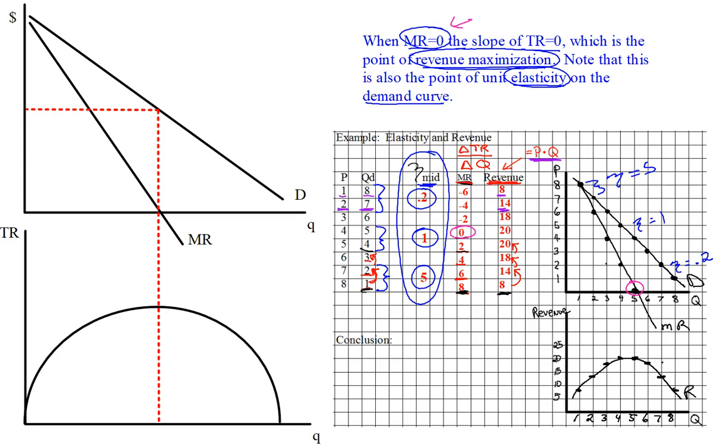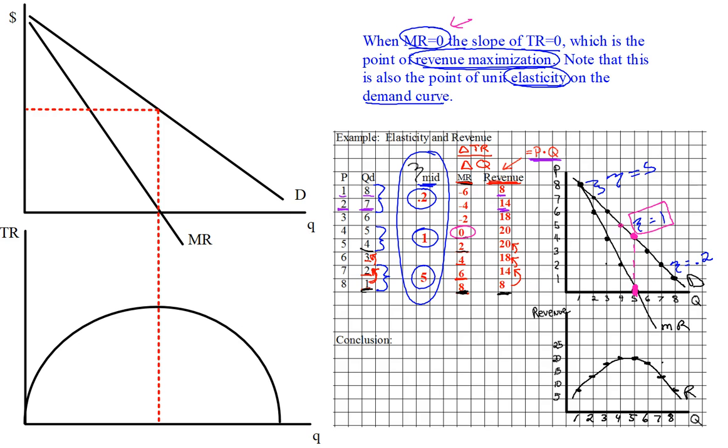When the marginal revenue is equal to 0, watch what happens. That is when we are at the point of unit elasticity. Technically, because I'm not using calculus here, I'm not calculating elasticity at every single point.